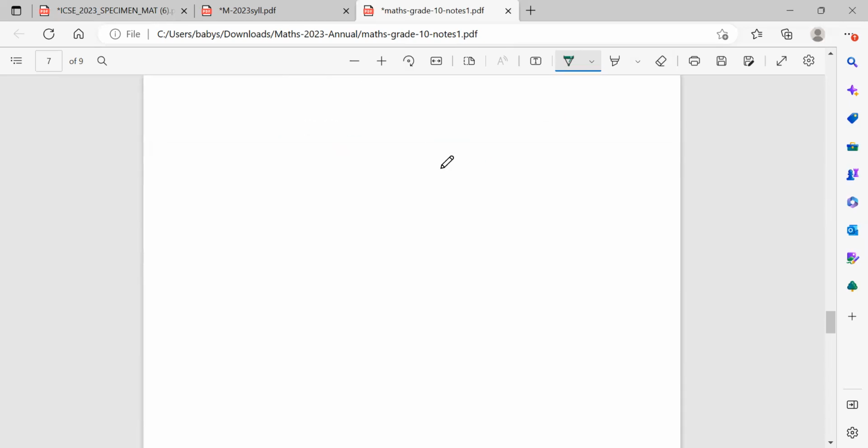When it comes to combination of solids, let's say I have a structure like this, some toy like this. There's a hemisphere and there's a common radius. You can see the cone and the hemisphere share the same radius, and then there's the height of the cone here. In this case, the volume of this combined solid will be volume 1 plus volume 2. But surface area, you can't add like that, remember.